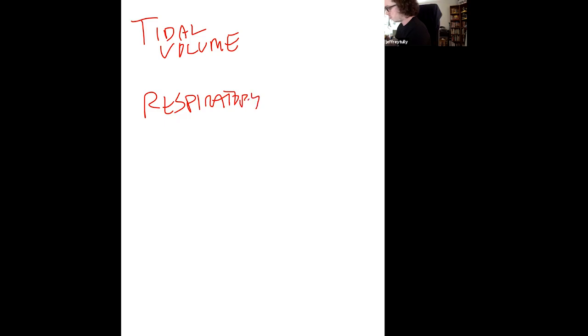So most ventilators in the operating room or in the ICU, you can control and set a tidal volume. You can control and set a respiratory rate. You can control a delivered pressure.